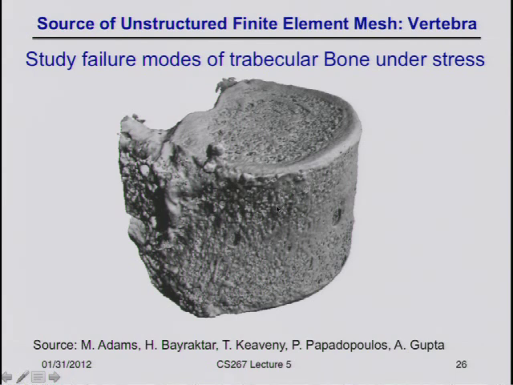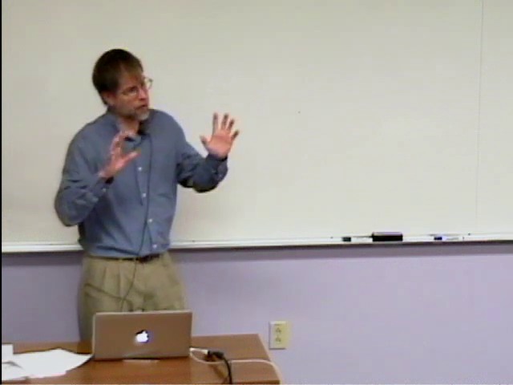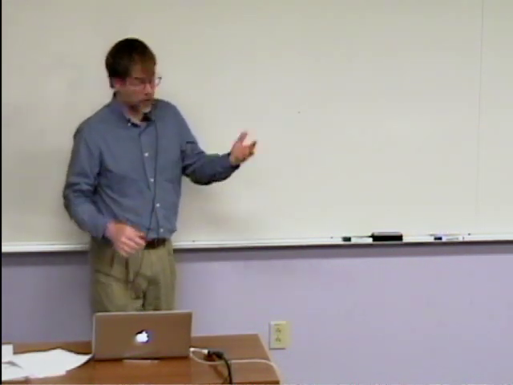People get osteoporosis, their bones weaken. You'd like to know what is the likelihood that by taking a bad step or falling or tripping their bone will break. People do that now by estimating bone density. It turns out not to be a very good predictor. What you'd like is a much more accurate model of whether a person is likely to break their bones.